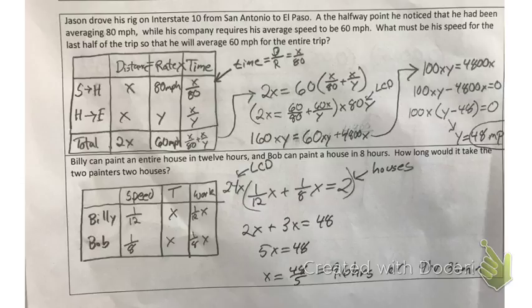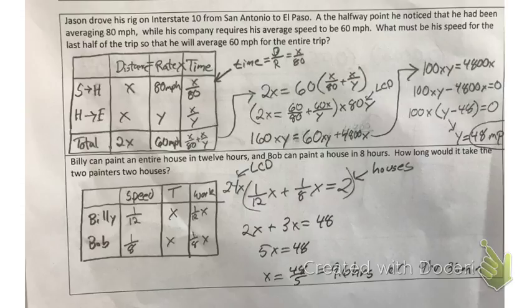They're painting 2 houses, so the work Billy can do, 1/12 times x, plus the work Bob can do, 1/8 times x, equals 2 houses. And then we just solve that equation, and we end up with x equals 48 over 5, which equals 9.6 hours, or 9 hours and 36 minutes.